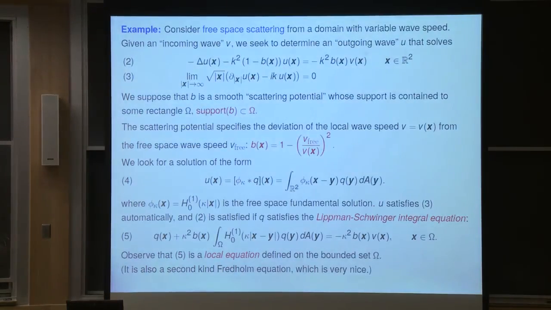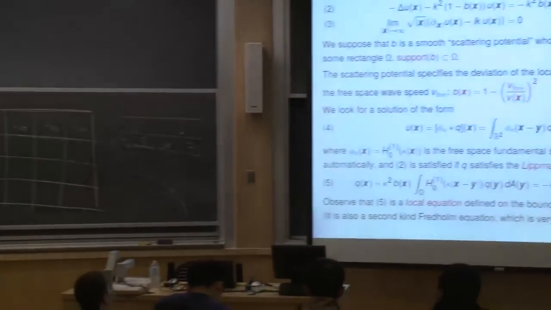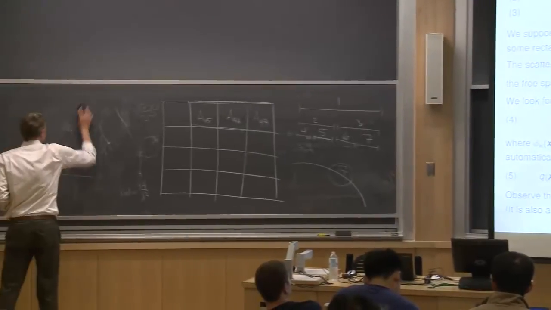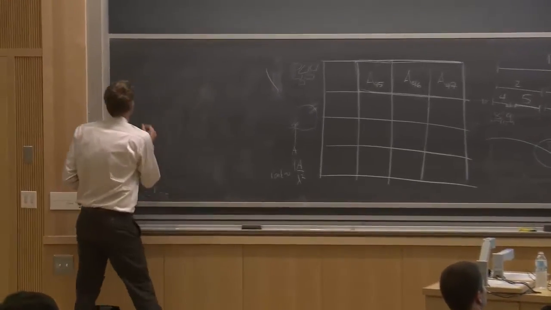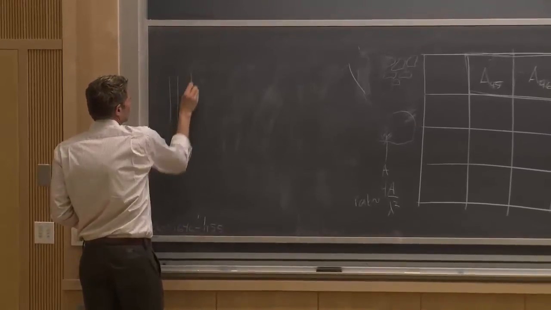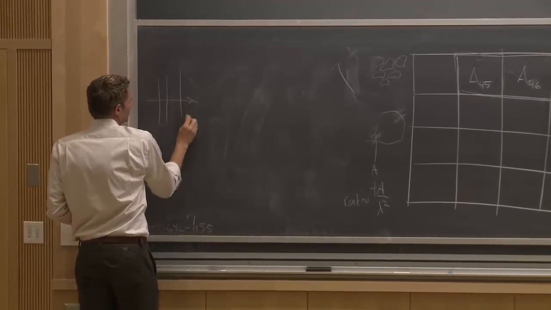We have an incoming wave V that comes in hitting a region. So we have a plane wave that comes in. This is V.